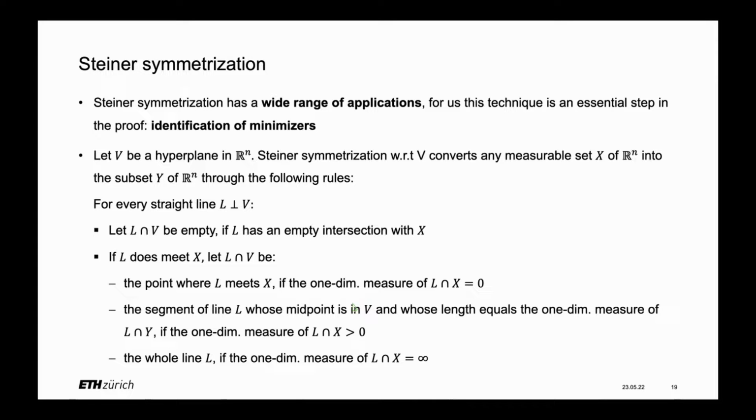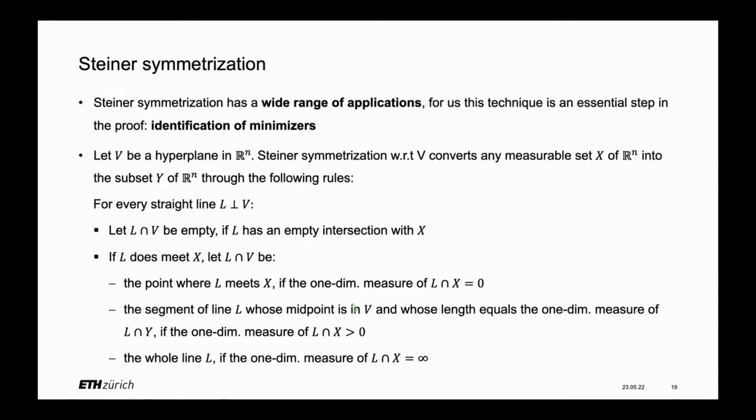Let V be a hyperplane in Rn. So this is just a plane which is one dimension less than our n-dimensional space. For example, if we're looking at something in three-dimensional space, a hyperplane would be a plane in two-dimensional space. Steiner symmetrization with respect to V converts any measurable set X of Rn into a subset Y of Rn through the following rules.